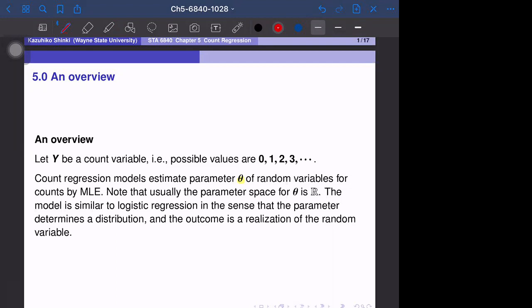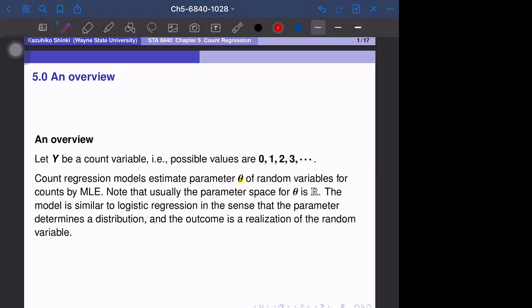But anyway, the concept is that the count variable follows some distribution with continuous parameter theta. So the y is the count variable. So y is discrete, but still the parameter is continuous. So every theory for parameter still holds.